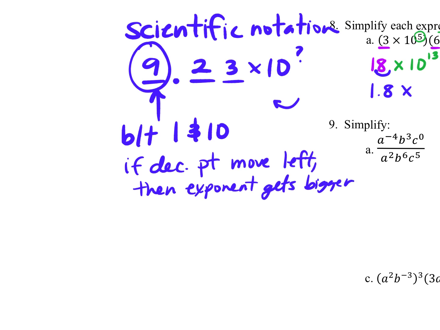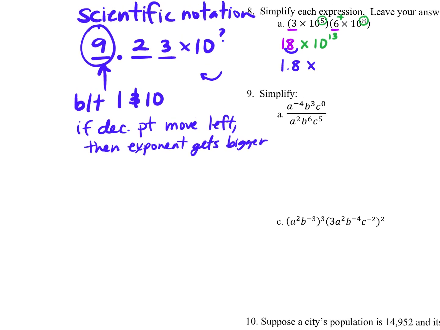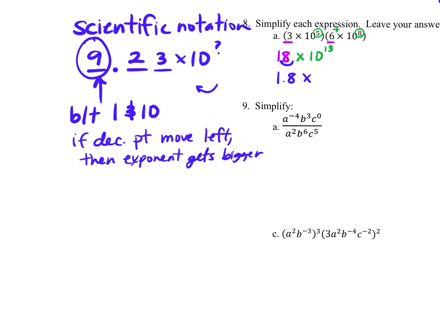Okay, whereas if your decimal point moves right, then what happens to your exponent? It gets smaller. Okay, so they reverse each other depending on which way you go. So this would be 1.8 times 10 to what power? The 14th power, because we moved it 1 to the left. Then think on a number line, you want to go 1 to the right.